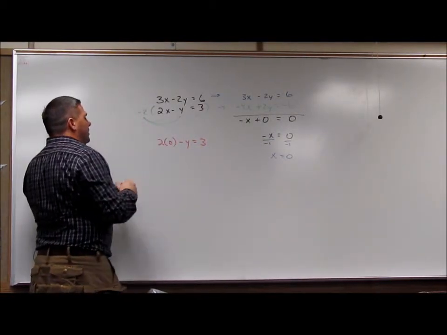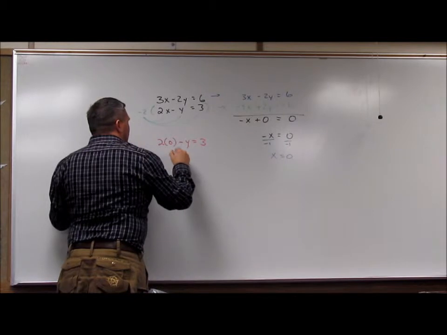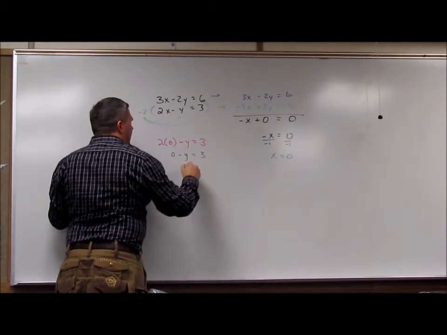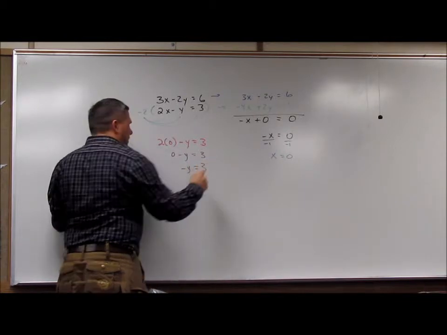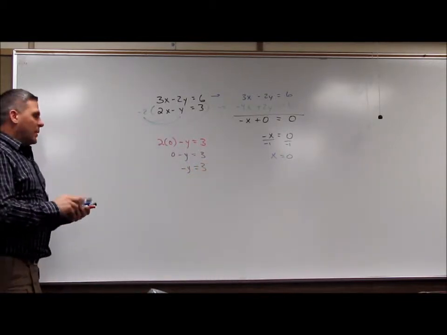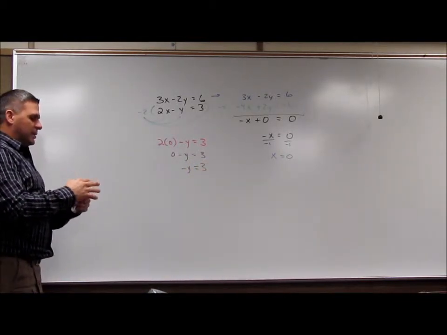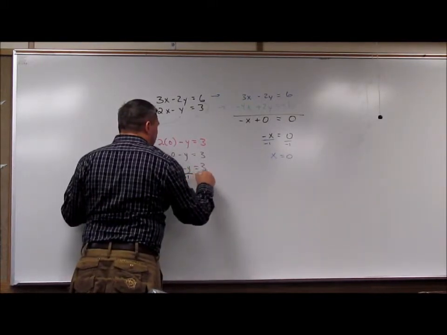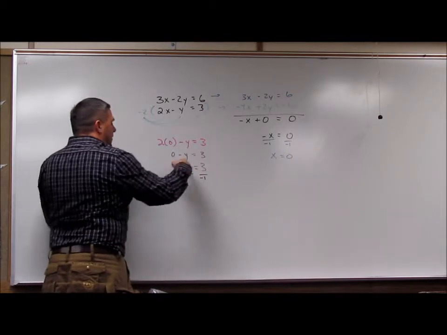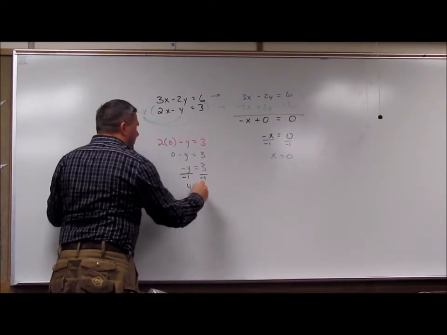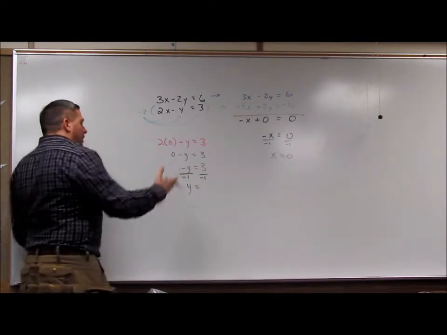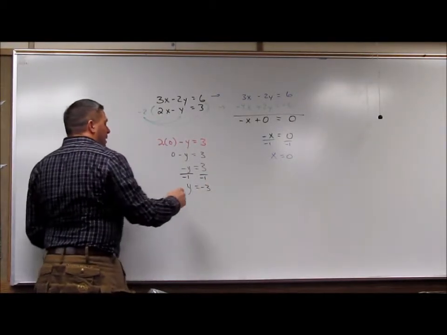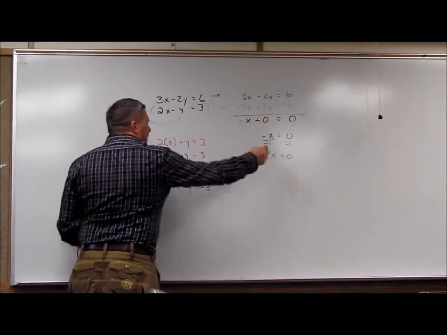And 2 times 0 is 0, and 0 minus y is equal to 3. So negative y is equal to 3. And now we're going to divide again by negative 1. And what happens here is the y becomes a positive, but the positive 3 becomes a negative. And so now we have y and x.